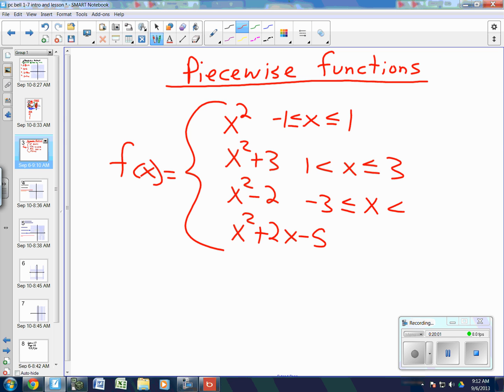But not -1. And this one, negative infinity less than x, less than what? Negative 3? Oh, yeah. And on an infinity one, you guys, when it goes to infinity, it will never be equal to. Okay? And it can't be equal to negative 3.